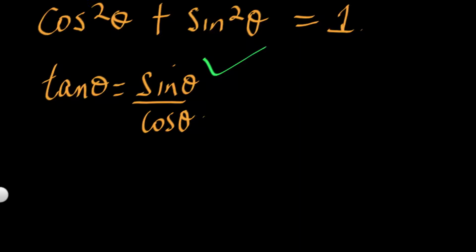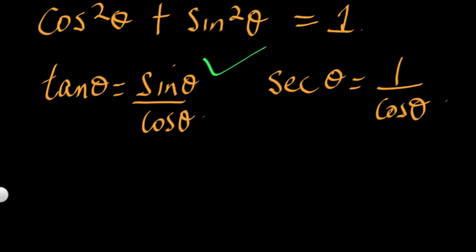We also have sec theta, which is 1 over cos theta. With these kinds of identities, always look at your third letter. It tells you the trig ratio that you have to use. So if we have sec theta, we use cos. Then we also have cosec theta.